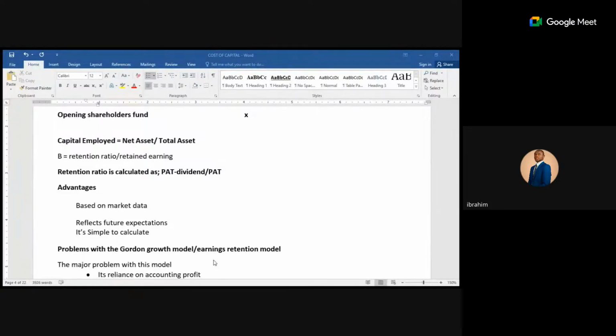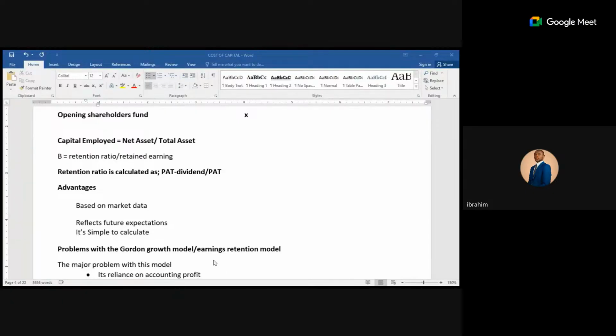You go to the market, maybe the London Stock Exchange, the Nigeria Stock Exchange Group or Yahoo Finance, where as a financial analyst you extract financial information.